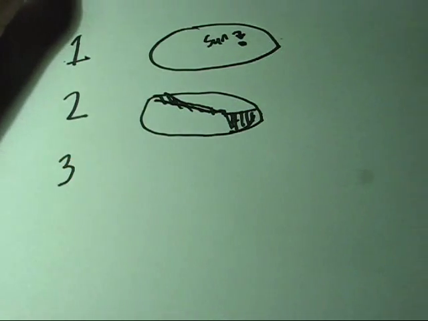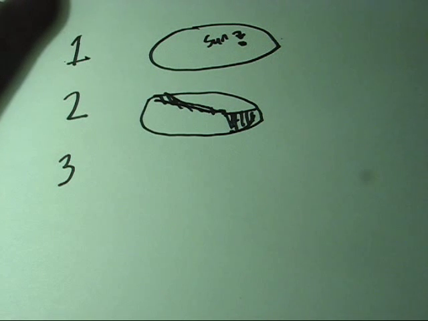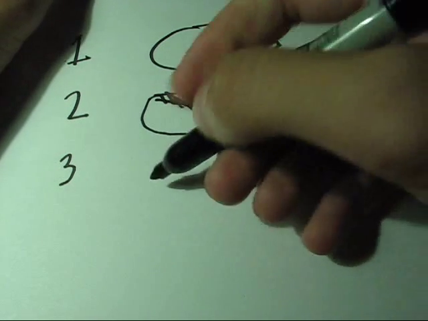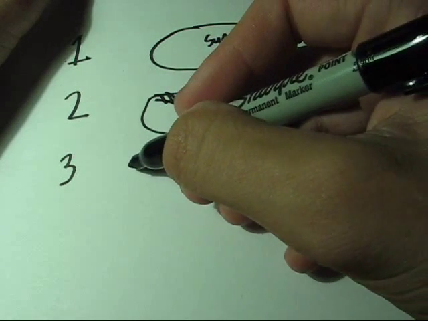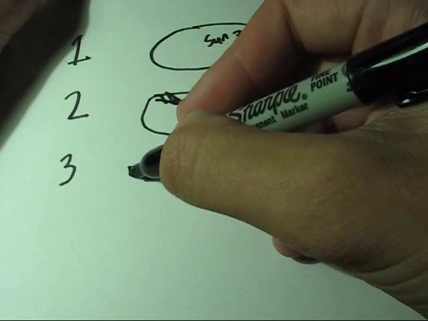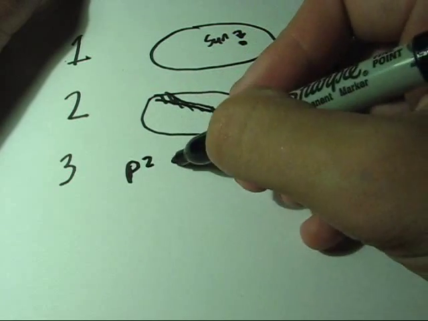3, his third law, and he came up with this 10 years after the first 2. The square of the period of a planet is proportional to the cube of its mean distance from the sun. So that would be expressed this way mathematically.